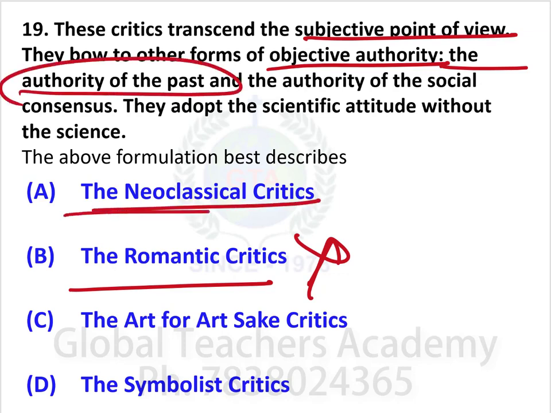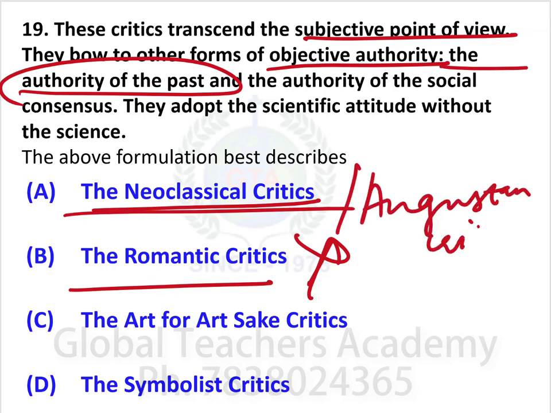Just this much gives you the idea that they are the neoclassical critics, also known as the Augustan critics, because they did follow the authority of the past, the structure that was used in the past, and they did move on from there to talk about things that were important in their era, right? So your answer here becomes neoclassical critics, who went back to the original forms, who went back to Aristotle, Plato, and tried to understand and use them in the present context that they were writing in, right? So this becomes your answer.